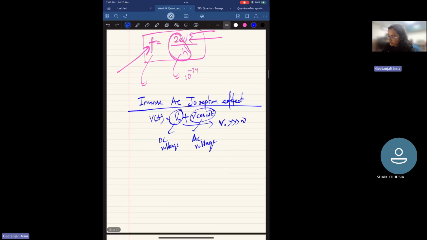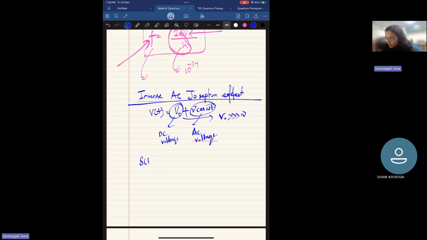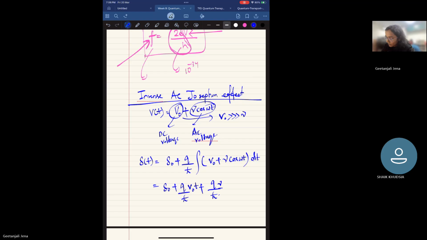So for this part, now if you calculate the phase, this is delta 0 plus Q by H cut integral of V dt, where V is V0 plus nu cos omega t. So this will give delta 0 plus Q by H cut V0 t plus Q by H cut nu by omega sin omega t.